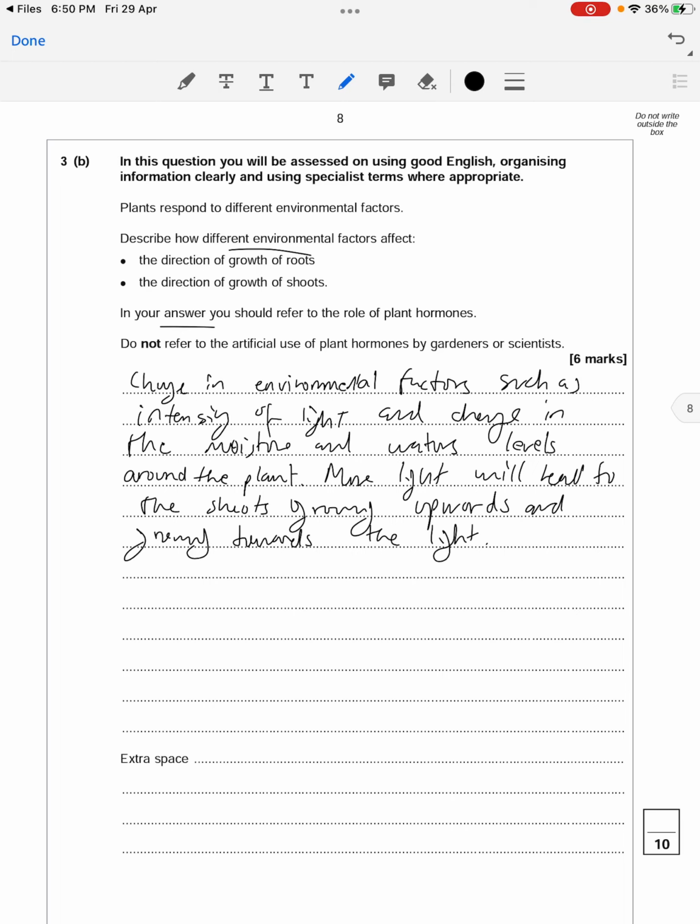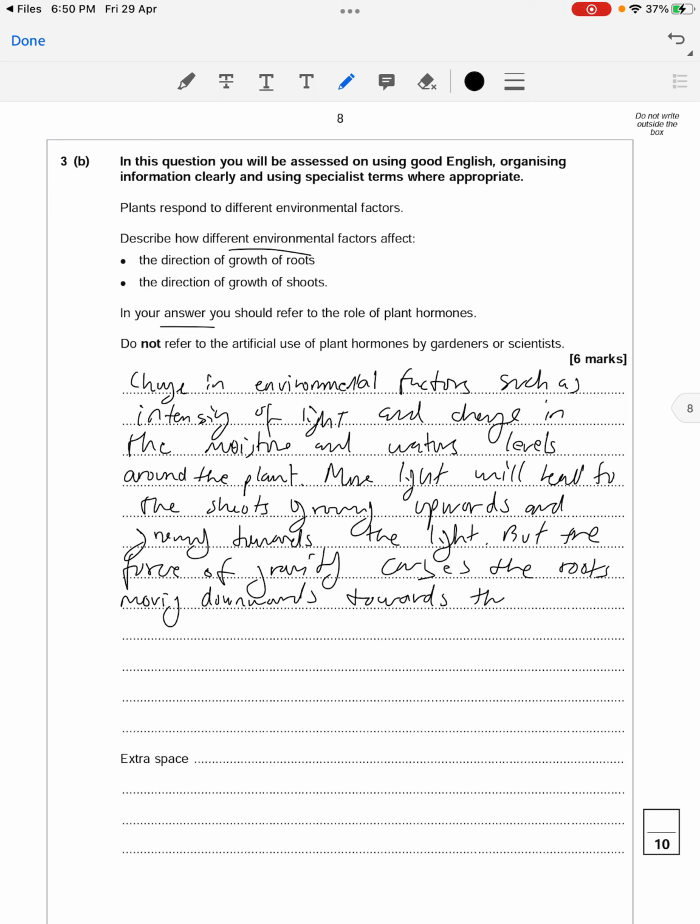Okay, but the force of gravity causes the roots to move downwards towards the moisture and water levels. Okay, all right.